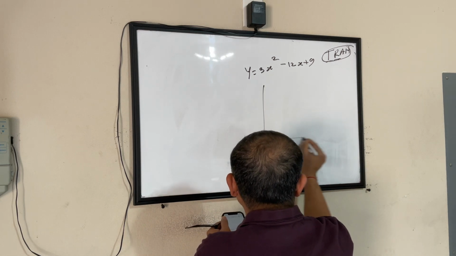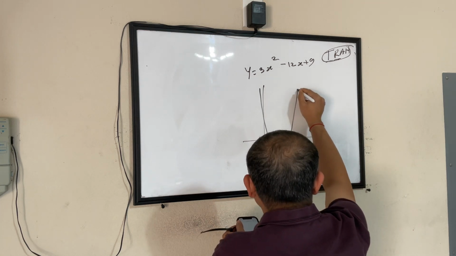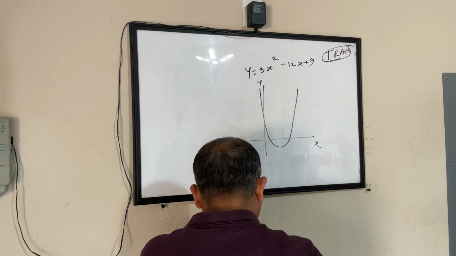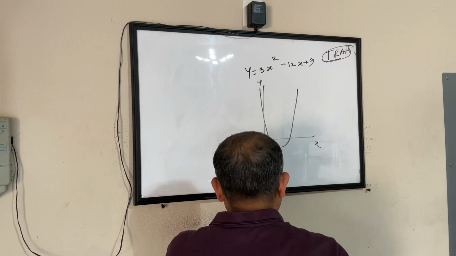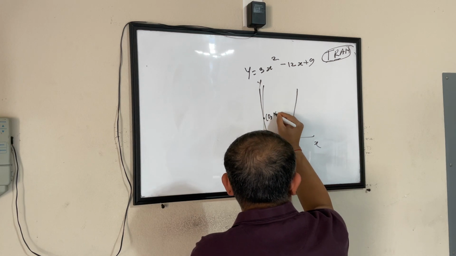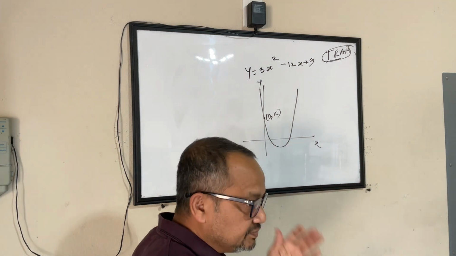This is the graph that you see, okay? And this is the x-axis, this is the y-axis. If the graph crosses the y-axis at the point (0, k), it is asking us to find the value of k. This should be an easy one.